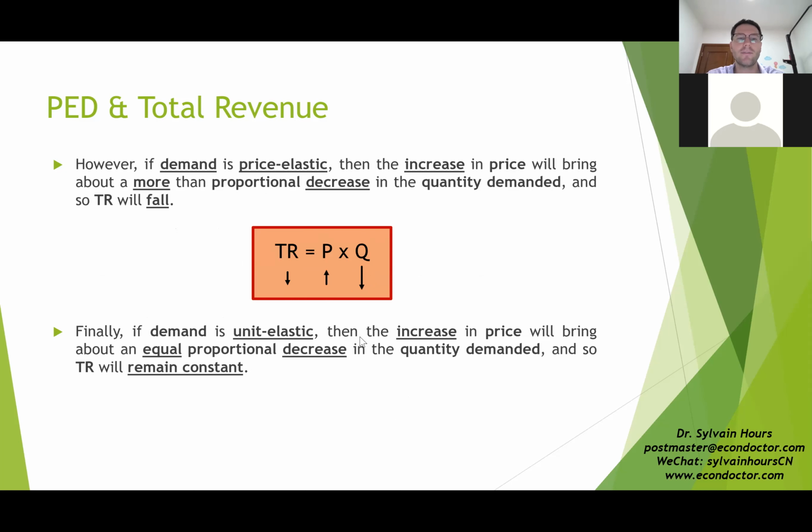And finally, if the demand is unit elastic, if you increase the price by 20%, the quantity demanded will decrease by exactly 20%. That's why the arrows have the same height, but opposite directions, of course. As a result, your total revenue is constant. It is not going to change.